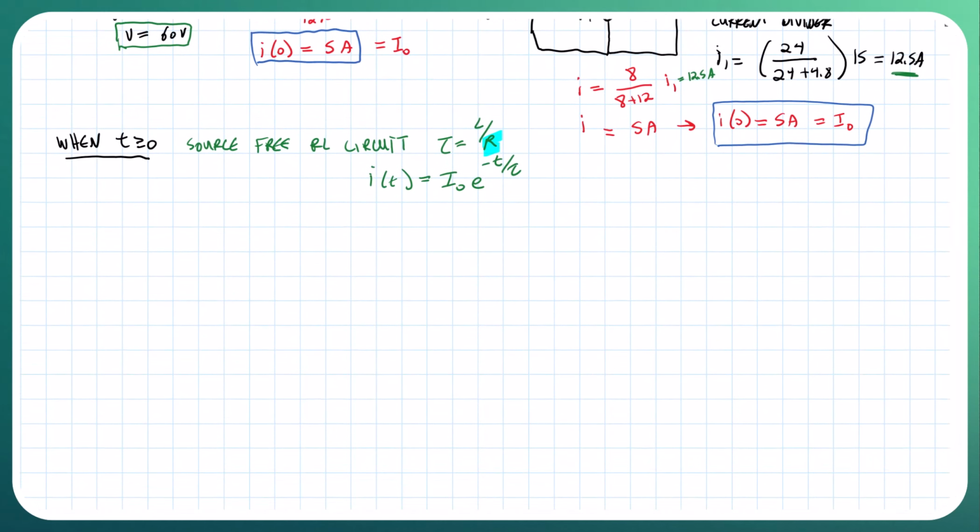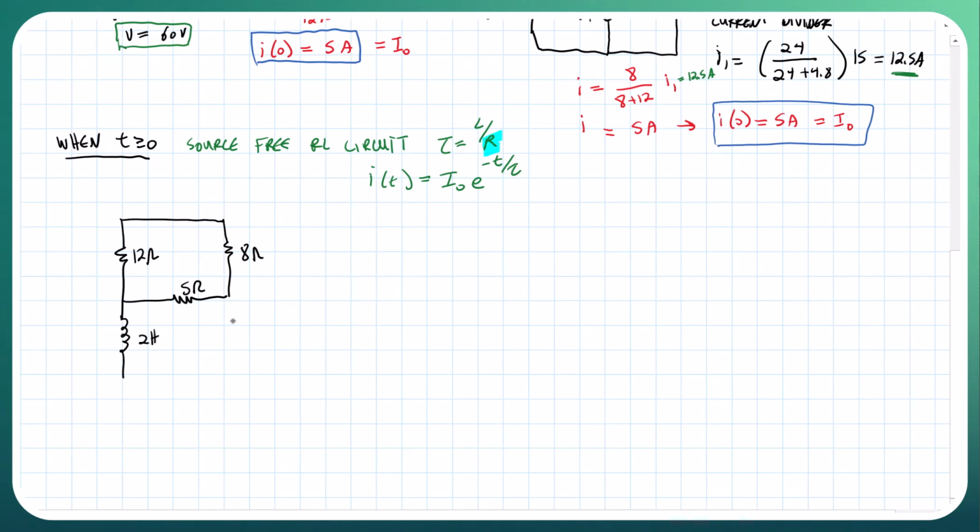We have 12 ohms here, our inductor, which is 2 henries, our 5 ohms here, and 8 ohms here. Connect these guys here. So this is when t is greater than or equal to 0.